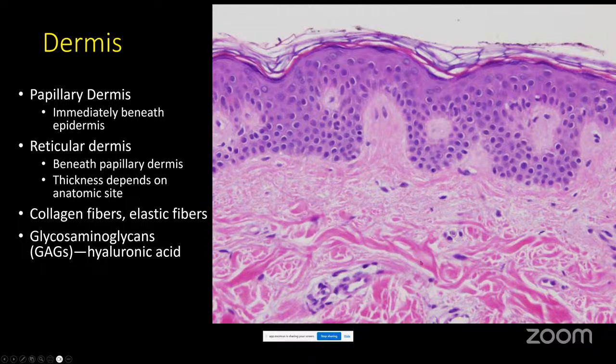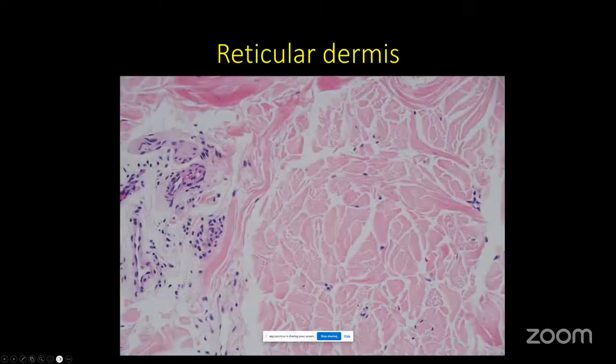And then the thicker collagen bundles are the reticular dermis, and within this are vessels and nerves. And then in between there are the glycosaminoglycans or GAGs, and in the dermis these mucinous depositions are high in hyaluronic acid. So it's part of it, but it can be increased sometimes.